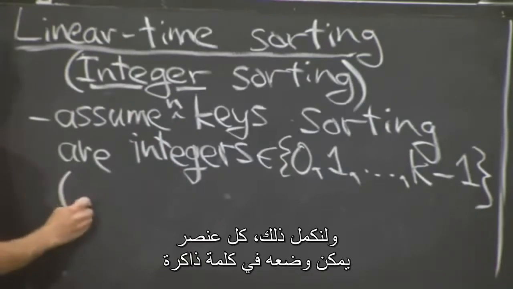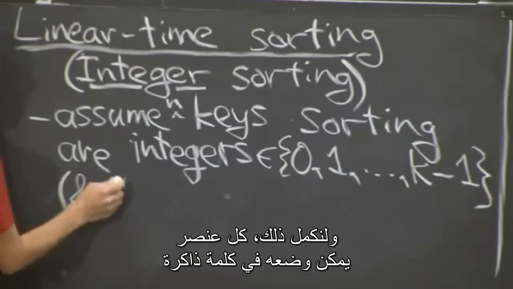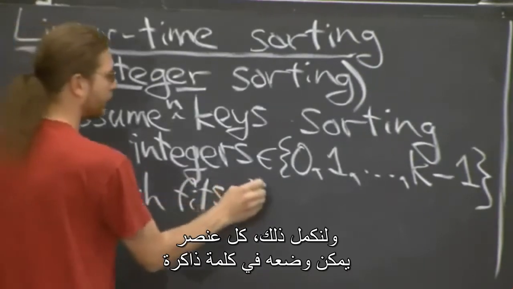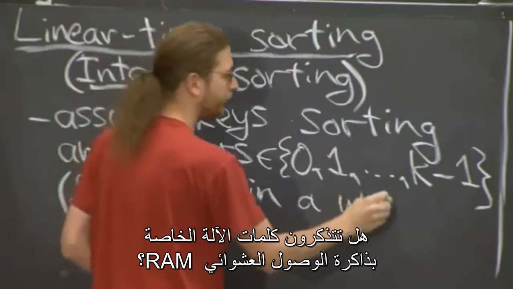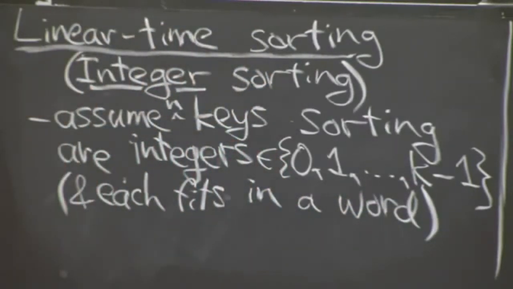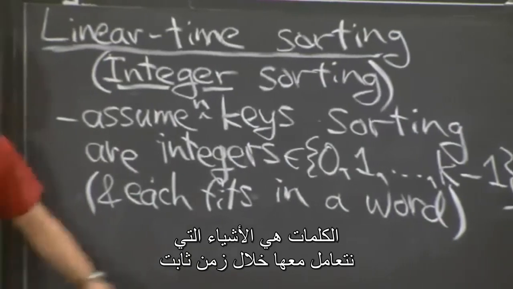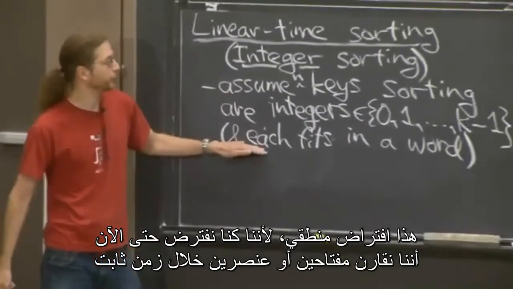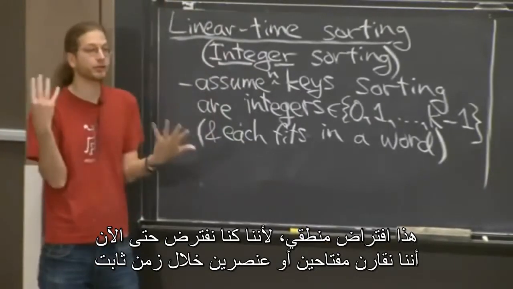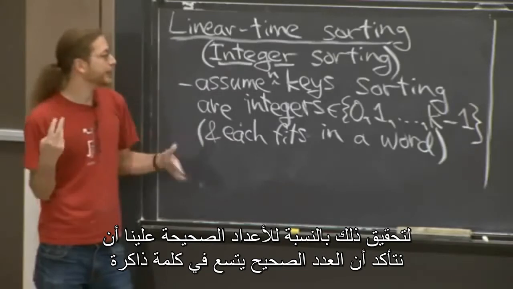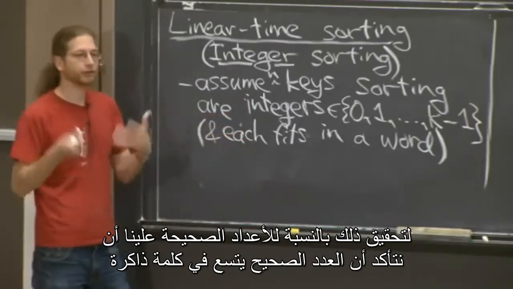And just for completeness, each fits in a word. Remember the machine word of your RAM machine? Words were the things that we could manipulate in constant time. Now, this is a very reasonable assumption because we've been assuming so far you can compare two items in constant time. To get that for integers, you need to assume that your integers fit in words.